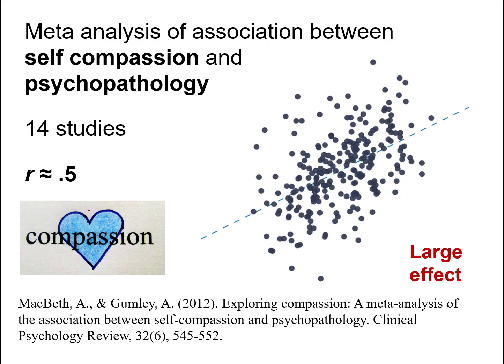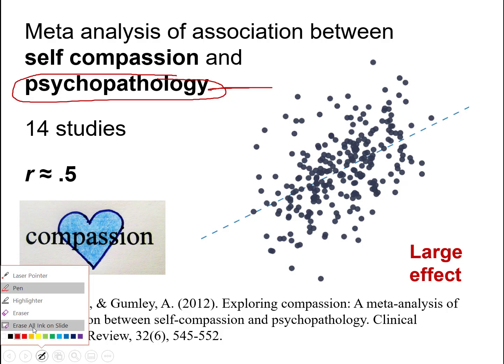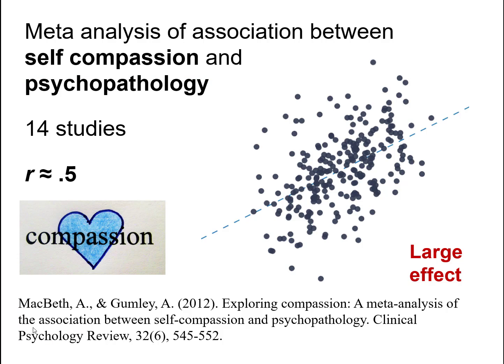But also, we can keep in mind the fact that if I reverse score a variable, for example, if I take a scale measuring psychopathology, so that a high score means you have more psychopathology, and then I just reverse score it, I flip the scoring around so that a high score now means you have low psychopathology, and a low score means you have high psychopathology. So I take my psychopathology scale and I turn it into an anti-psychopathology scale.